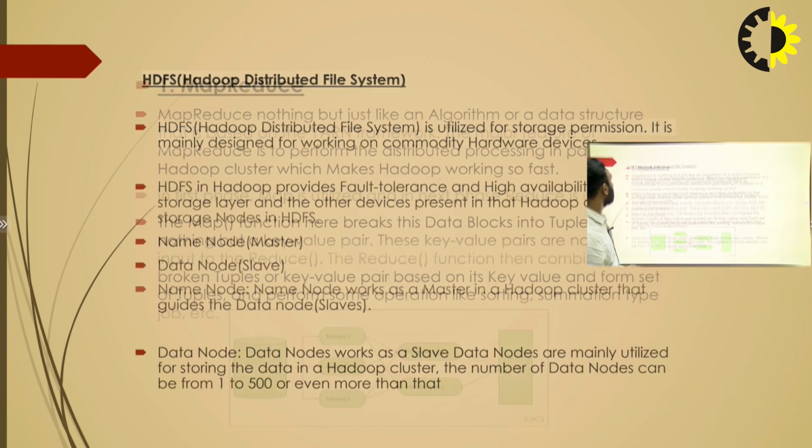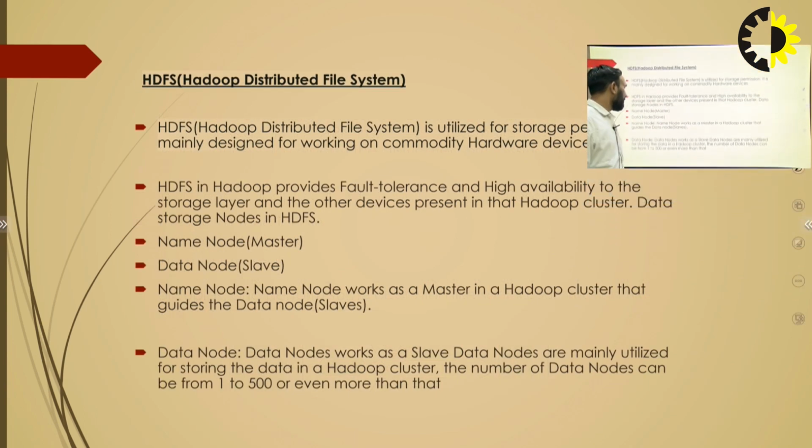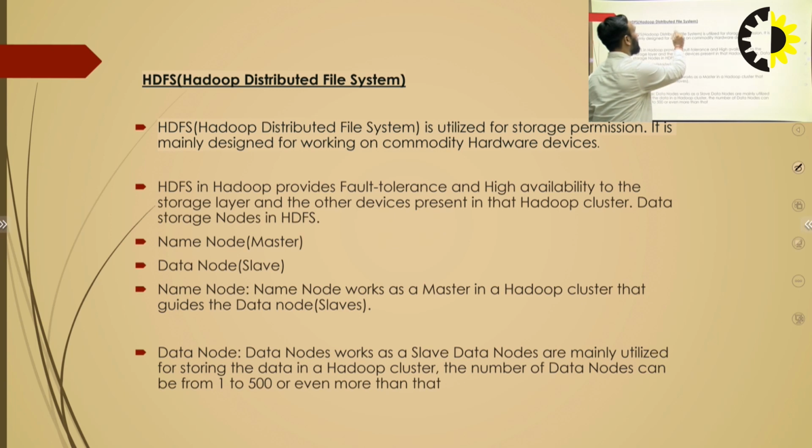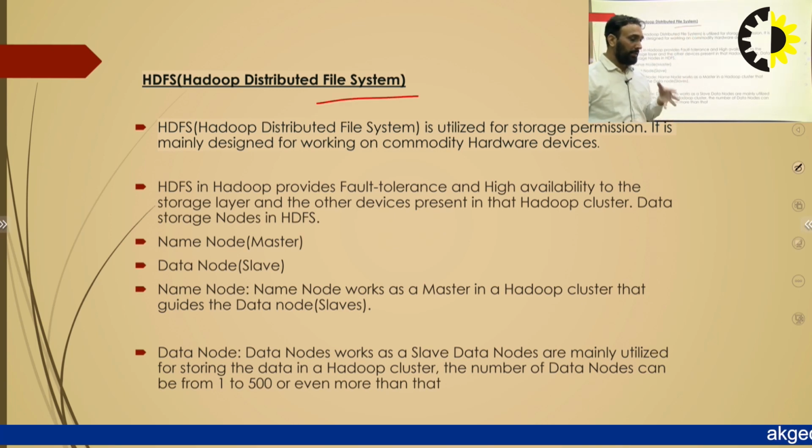After that, the second terminology we read here is HDFS, Hadoop Distributed File System. What is it? That is basically a repository, or we can say a cloud hardware device where all data will be stored. I will read a few points regarding it. HDFS is utilized for storage permission.